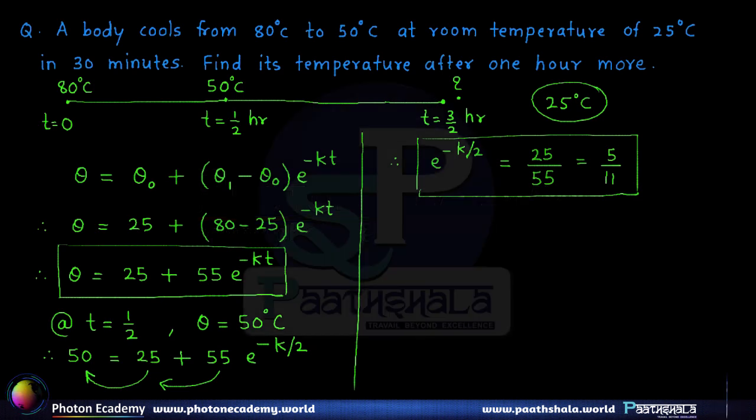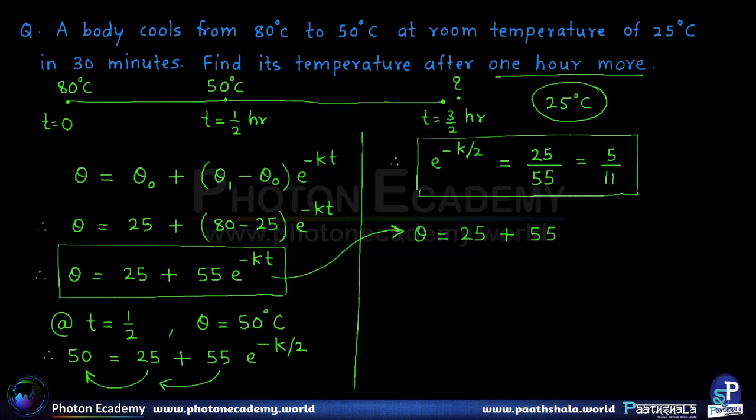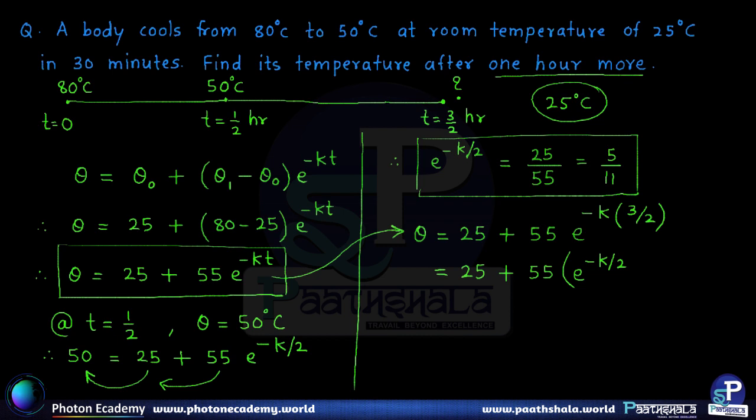Alright, now we have to find the temperature after 1 hour more. That means at t equal to 3/2, what would be the temperature? So let us write the general solution once again. We have theta is equal to 25 plus 55 into e raised to minus k into, now here t is 3/2, which we can write as 25 plus 55 into e raised to minus k by 2 the whole cube.